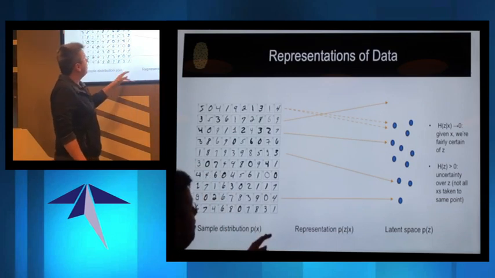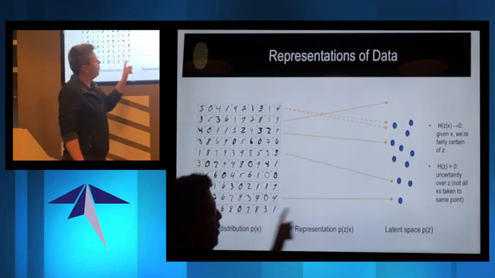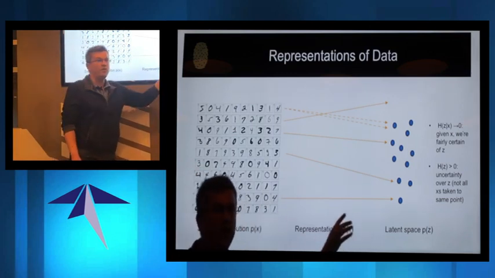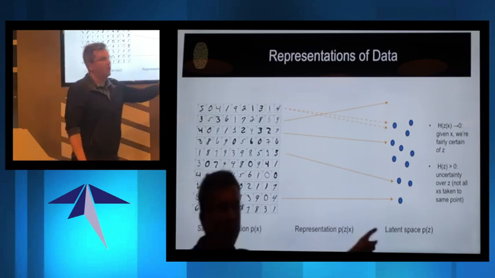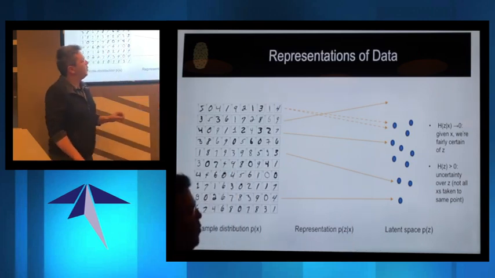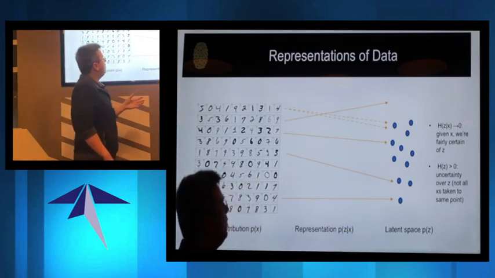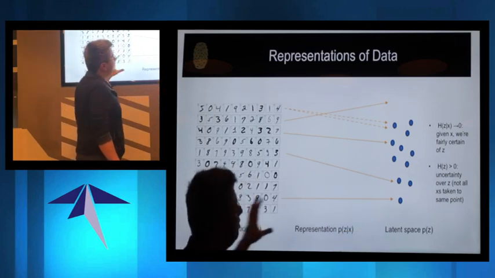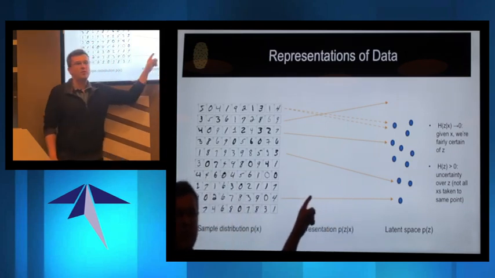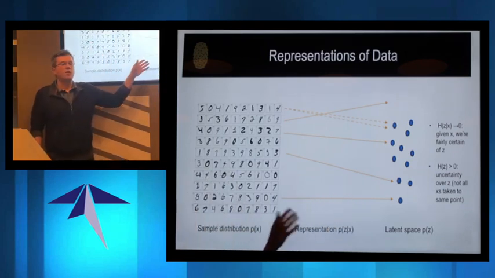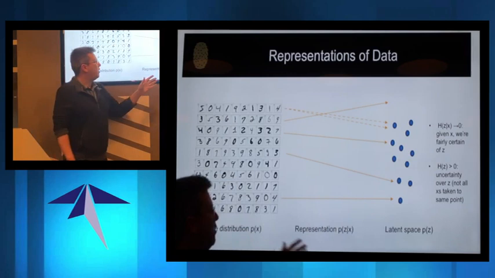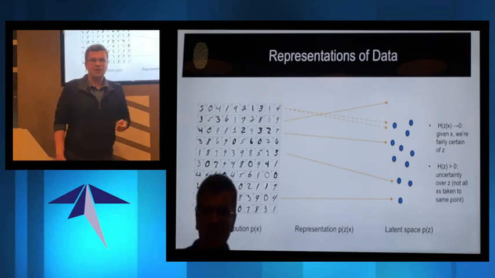So that means the uncertainty when we have a digit, where it goes, has to be small. If I give you a digit, it has to go to one place, and that's it. And we want the entropy of the representation to be larger than 0. So we don't really want, for any given digit, everything to go to a single point in my latent space, because that wouldn't really carry information about the distribution I'm trying to represent.